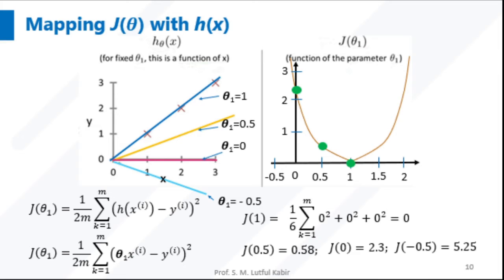This was our objective function for linear regression. Look at this curve. The value that minimizes J of theta 1 is theta 1 equal to 1. For this particular training set, we actually end up fitting it perfectly. That is why minimizing J of theta 1 corresponds to a value where theta 1 equals 1.